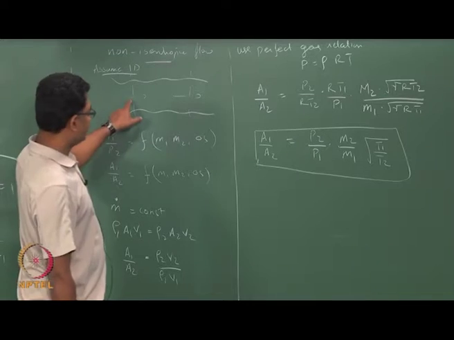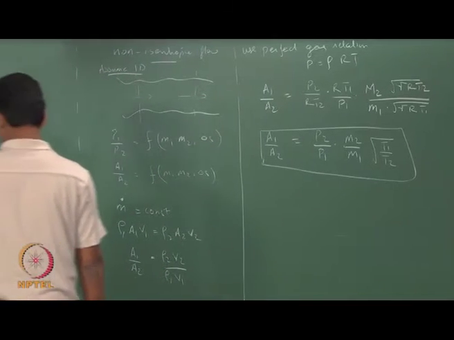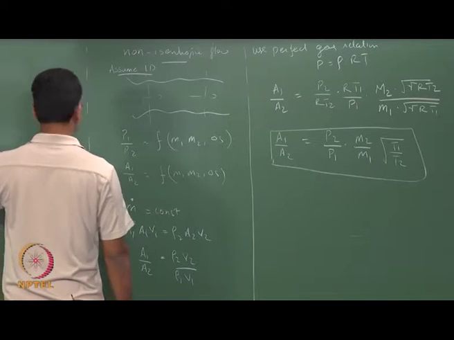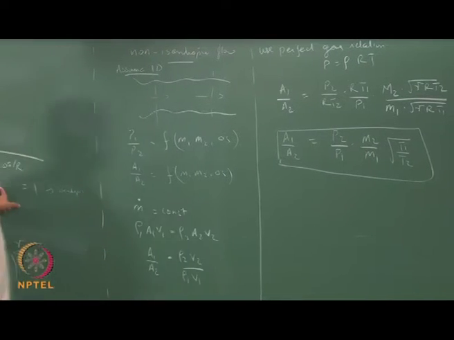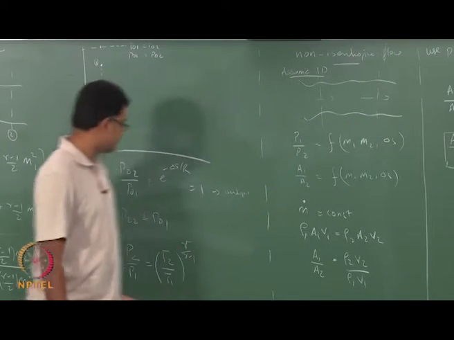So, between the process 1 and 2, I have this. There is an entropy change between location 1 and 2.